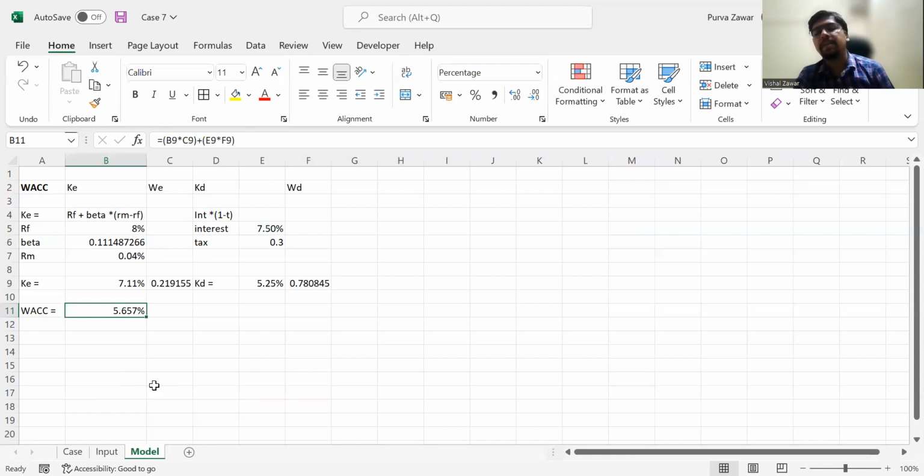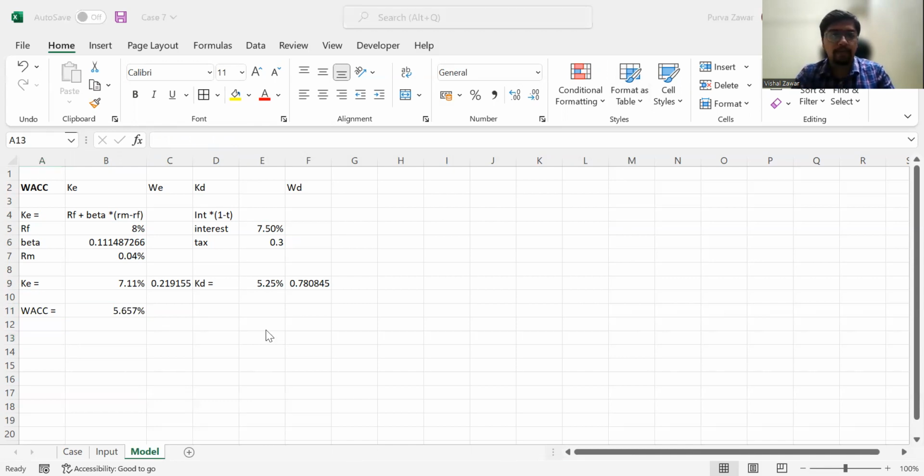So when the company is raising 3361 crores, the average cost incurred is around 5.65%. And why is this important? When you are selecting a project in which you want to invest, you will select only such projects where the returns are more than WACC.